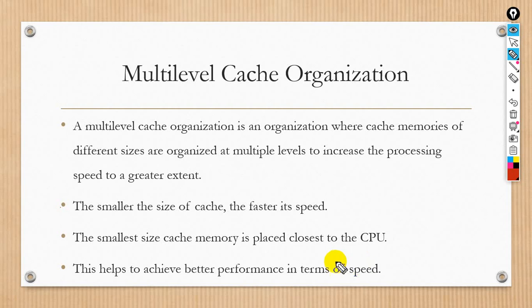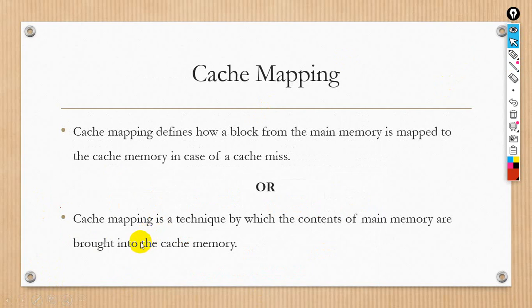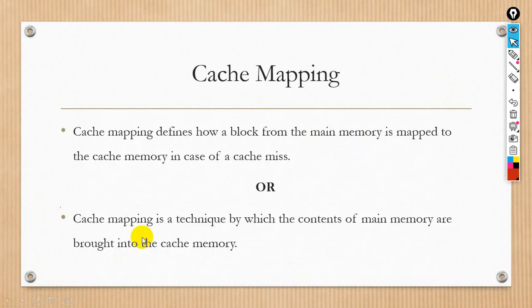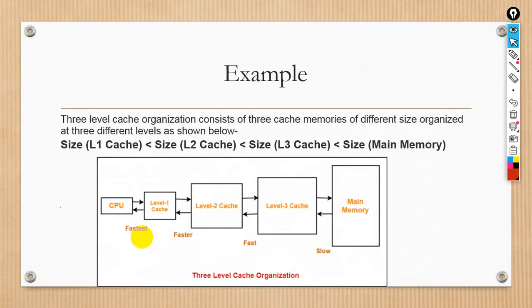Okay, so look at this. In the next slide, these are the three caches that we are using. Here we have three cache memories: level 1 cache, level 2, and level 3.